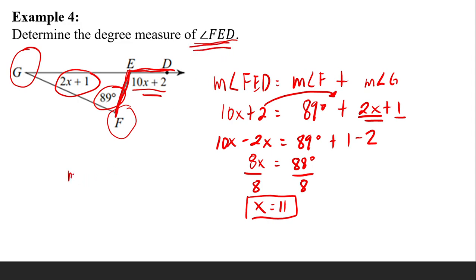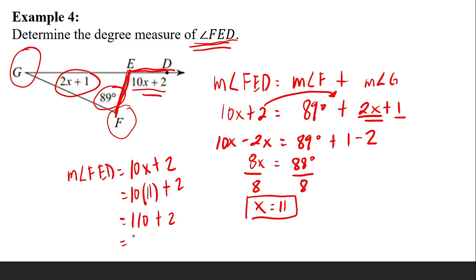In our given, that is 10x plus 2. Then substitute x. That is 10 times 11, plus 2. So 10 times 11 is 110 degrees, plus 2, and then you will get 112 degrees. So our degree measure for angle FED is 112 degrees.